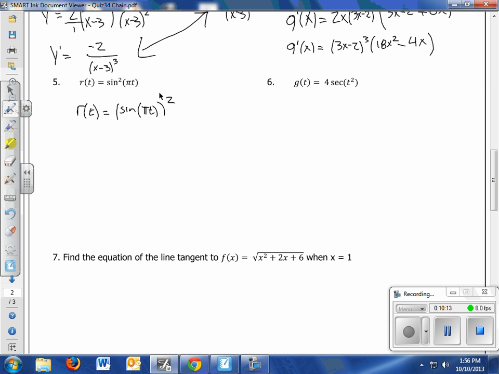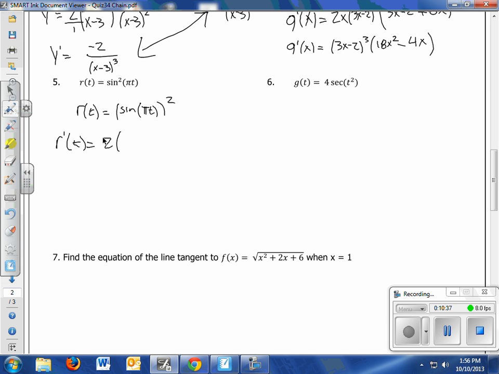Okay, so we actually have a composition of three functions. We have a big X squared, we have the sine of an X, and we have just pi t, which is like pi times X. So we start by taking the derivative of the outside, which is our big X squared.